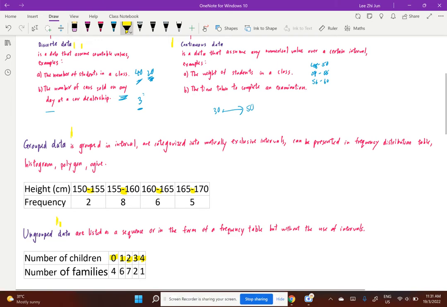But discrete and continuous both do not use frequency, while grouped and ungrouped have the use of frequency. So this is the difference between the four of them.